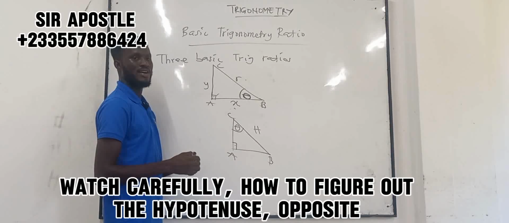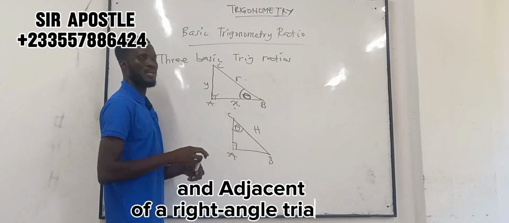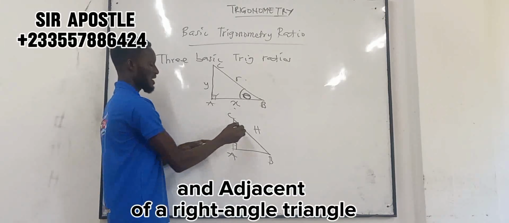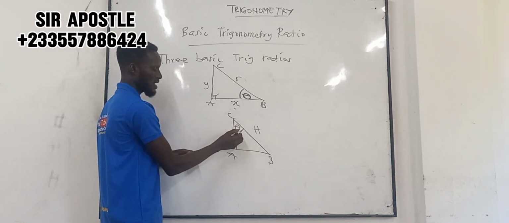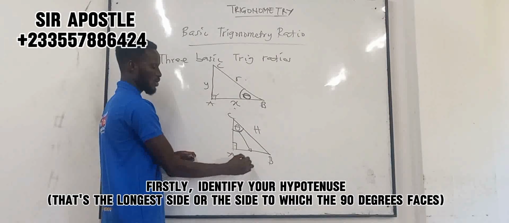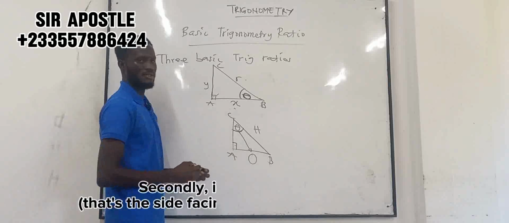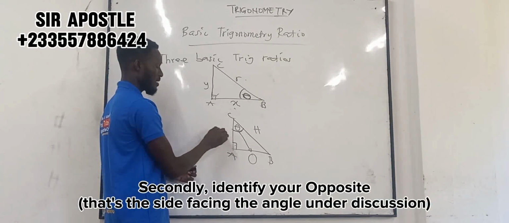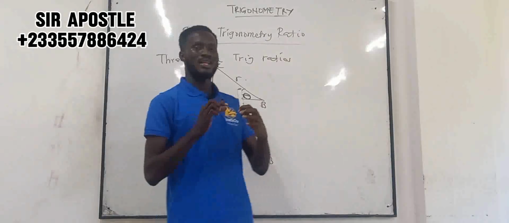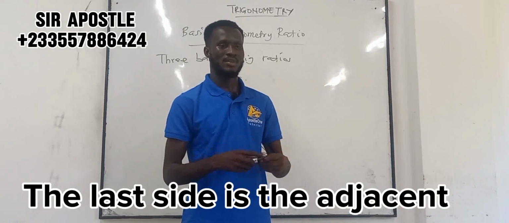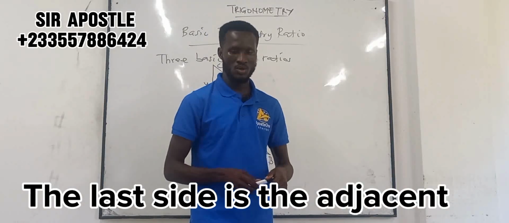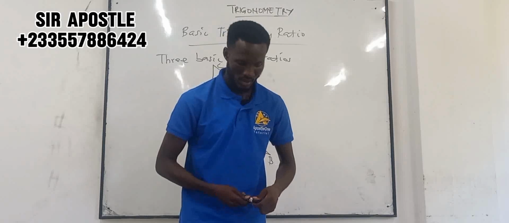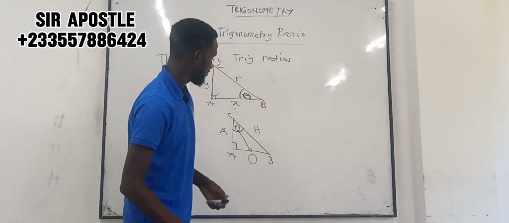Then you identify your opposite first. The last side becomes the adjacent. The angle theta is facing here, so this side becomes our opposite, and then here becomes our adjacent. Look at where the angle is facing. Where the angle is facing becomes your opposite, and the remaining side the adjacent, in that order. Follow me closely.